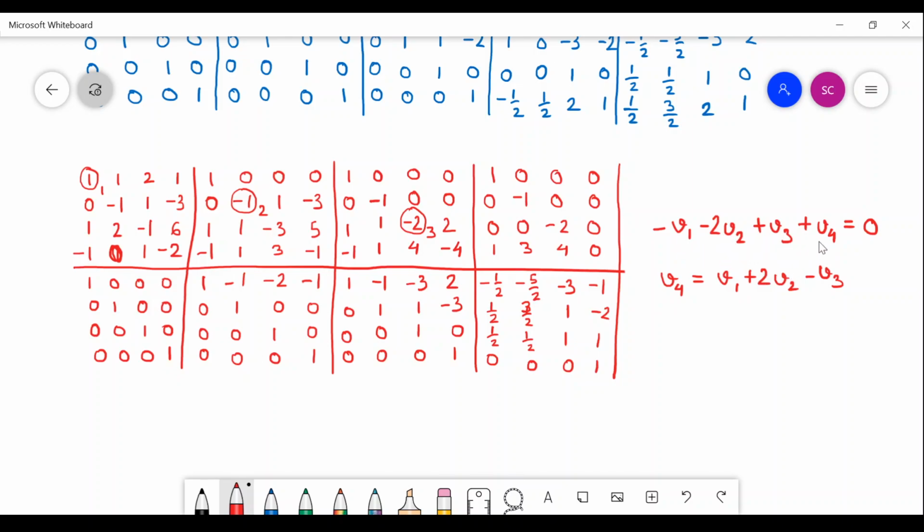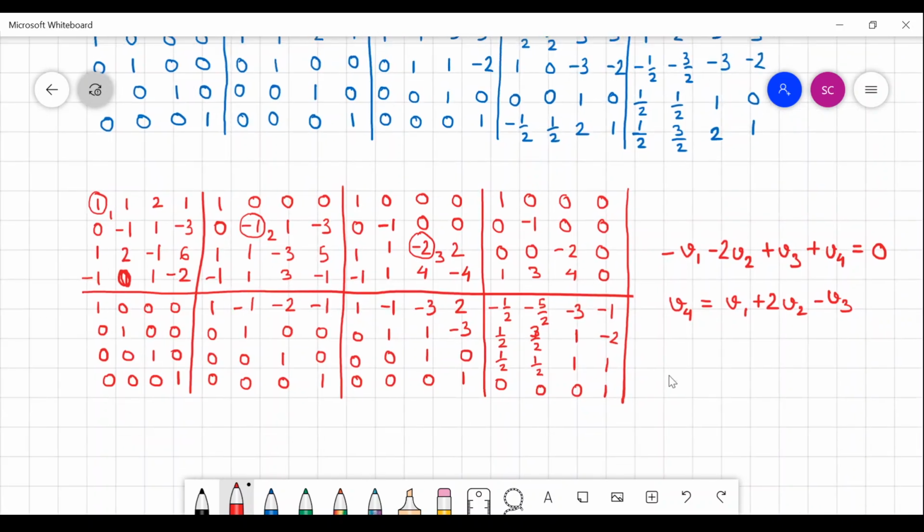If you know any 3 of these vectors, you can get the fourth vector. So it depends on which of the vectors you assume to be known to you, or you assume to be the basis vectors. So the other vector will become known to you. Okay, so this is the way to go.